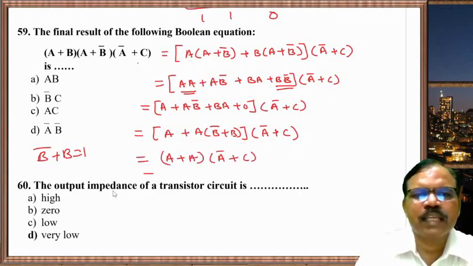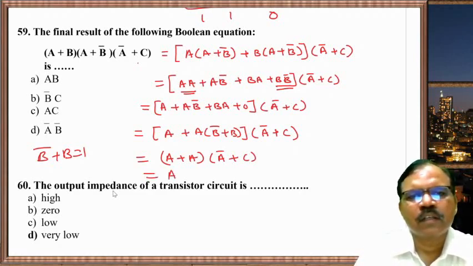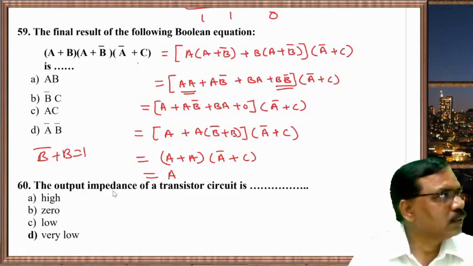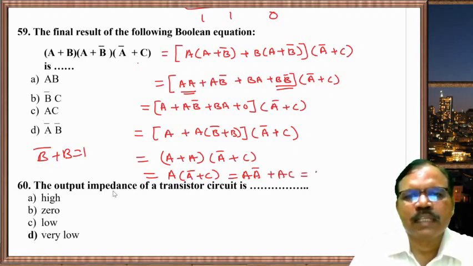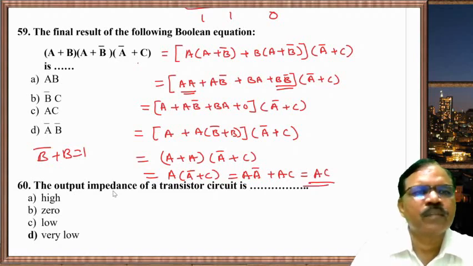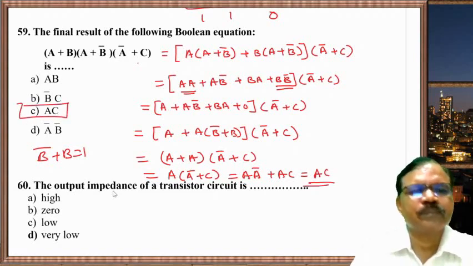Now A plus A is A. So we get A into (A bar plus C), which is A A bar plus AC. A A bar is 0 plus AC, so this gives you AC. So AC is the correct answer.